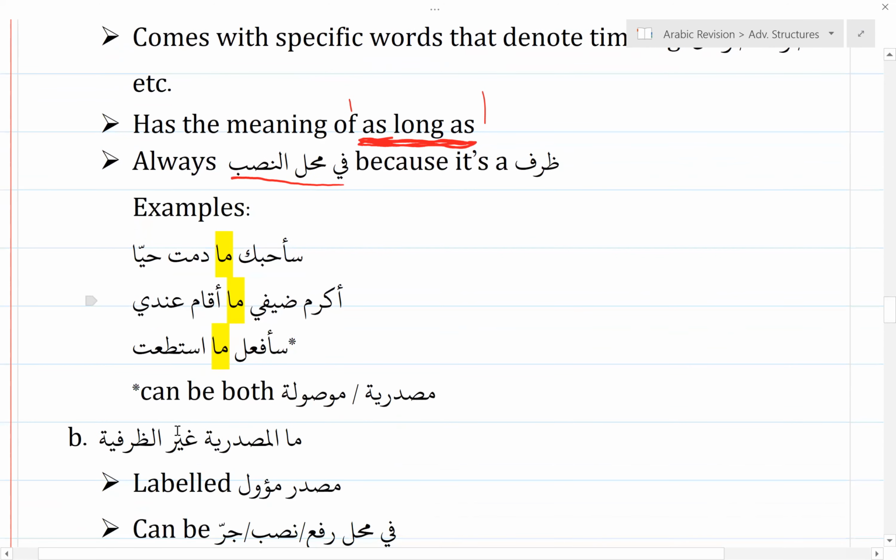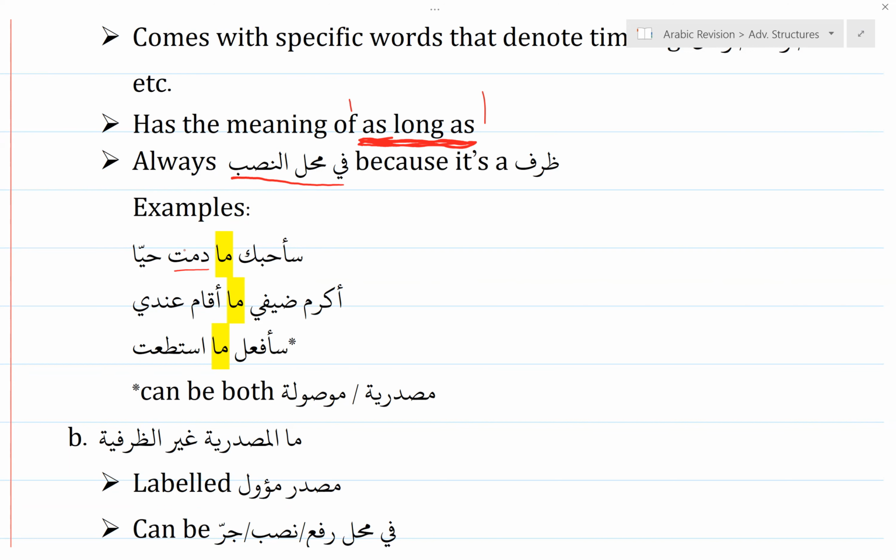So for example, سأحبك ما دمت حيا. This is what you hear in romance movies. I will love you as long as I live. Yeah, nonsense. Anyway, سأحبك ما دمت حيا. I will love you as long as I live. So دام يدوم, to last. So ما دمت, as long as I last.